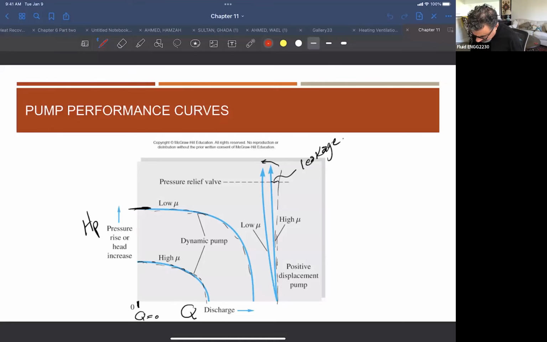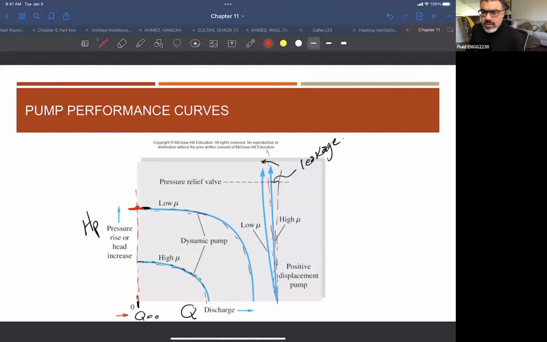That's why on this side here, you'll see that the flow rate is 0, and the pressure here maxes out at a certain point, right? But for a positive displacement pump, it's a vertical line going all the way, right?